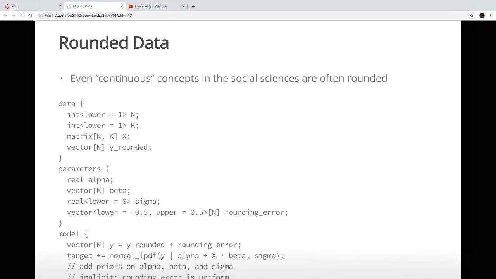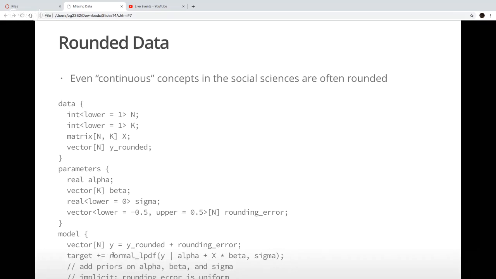So the true value is equal to the rounded version of y plus a rounding error. So y is the integer, and then we know the true value, if they've done the rounding correctly, has to be within half a unit of that. So we declare in our model block that the true value of y, or what we believe to be the true value of y, is the rounded version of y plus the rounding error.